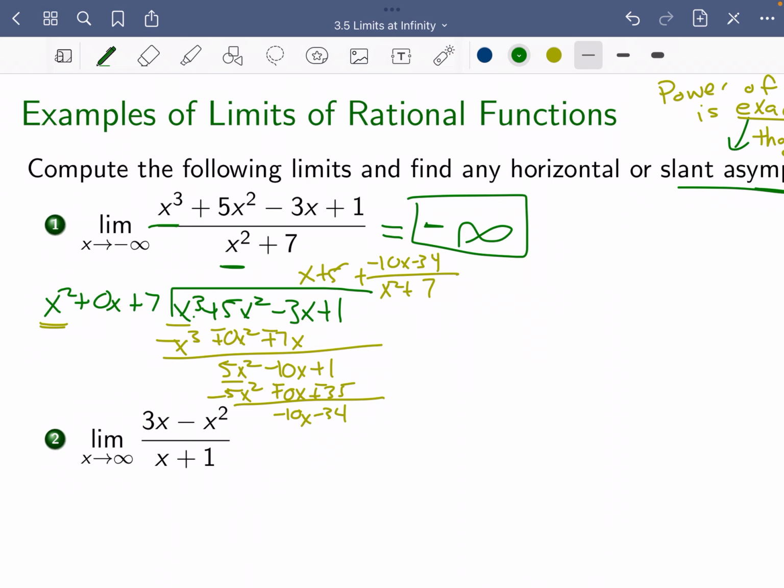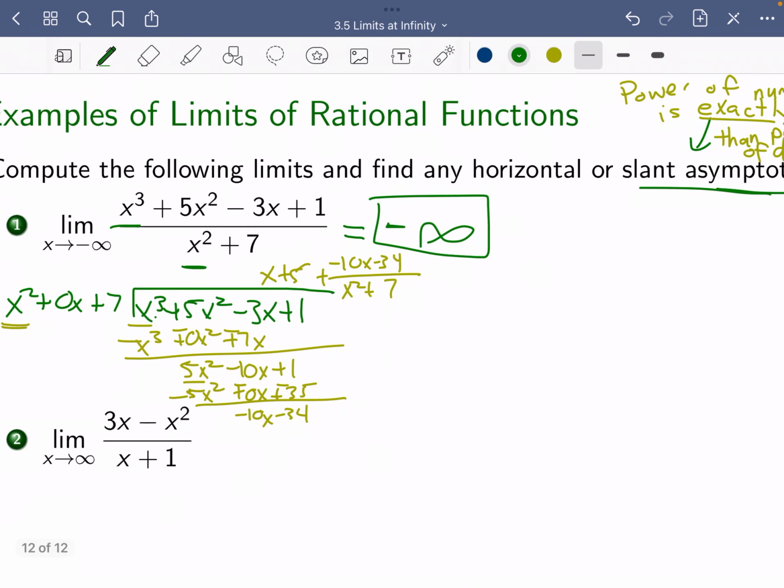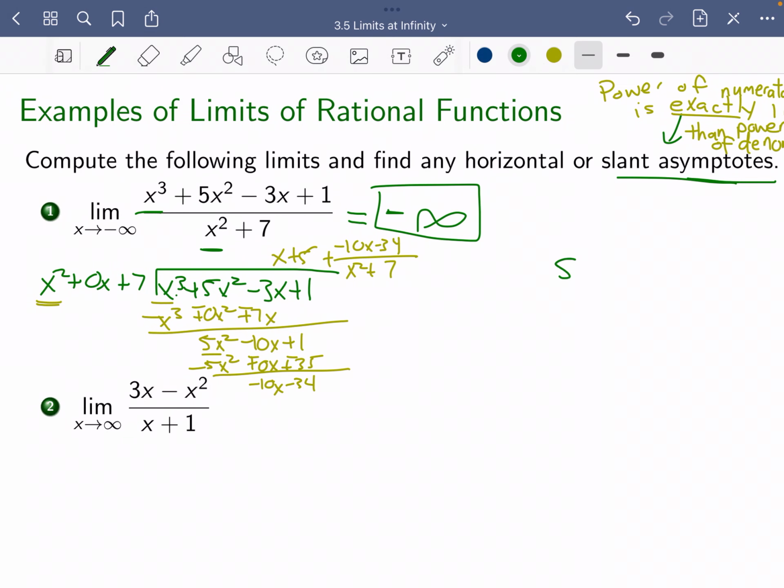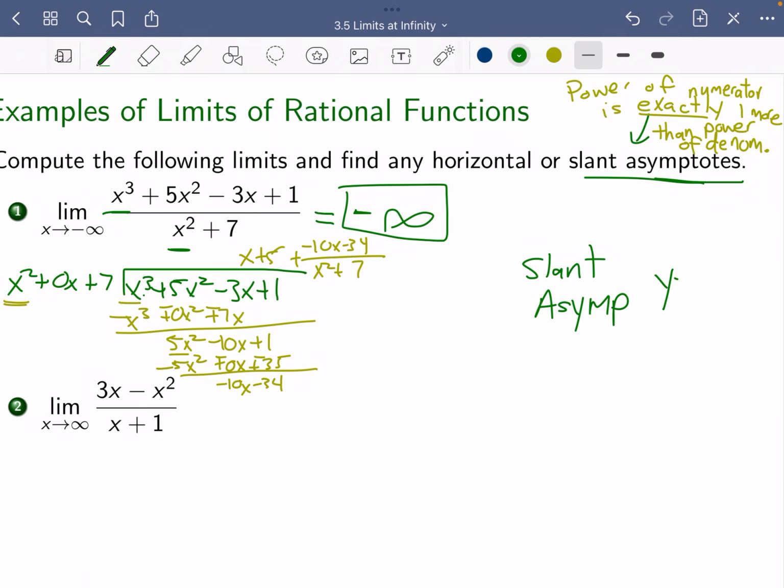Now, I went through all this other work, though, because it is necessary to find that slant asymptote. So our slant asymptote is y equals x plus 5. That is our slant asymptote. So where did that come from?